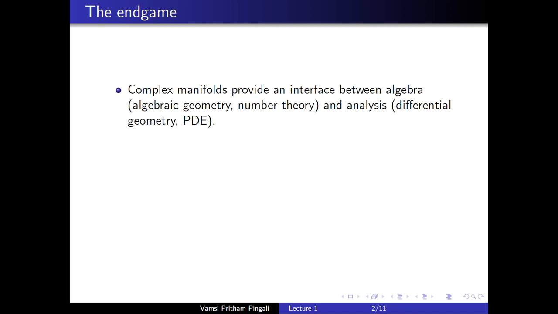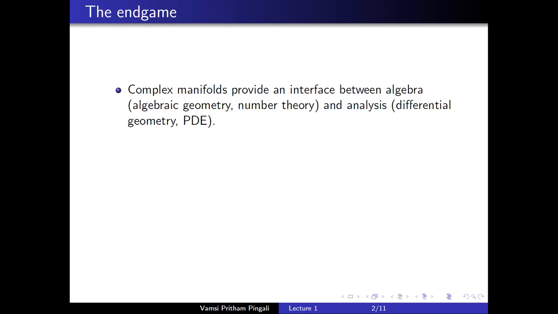They provide an interface between algebra, in terms of algebraic geometry, and number theory. Modern number theory uses the language of algebraic geometry heavily. It's not immediately obvious that it actually uses complex numbers as much and differential geometry as much, but it does.